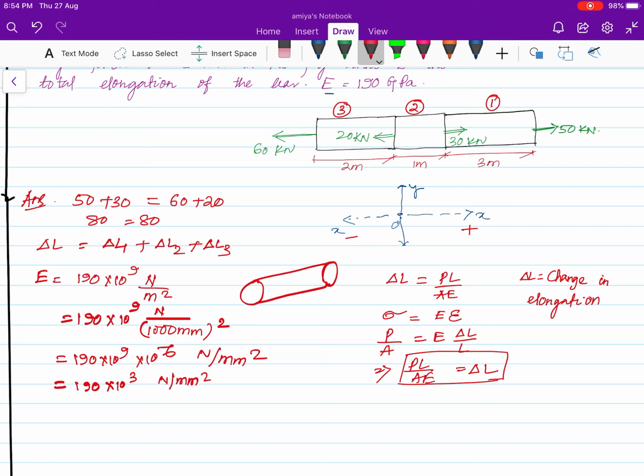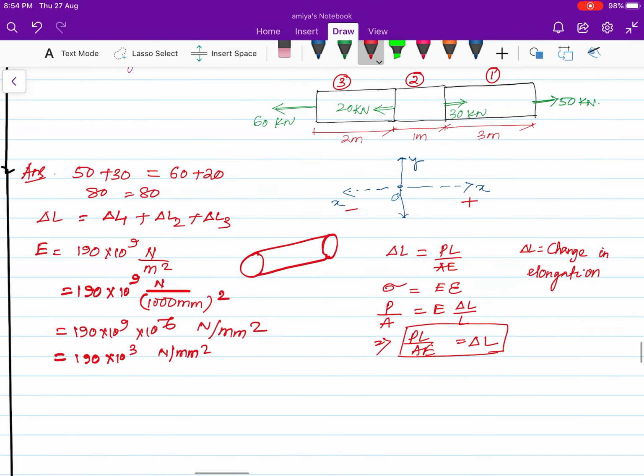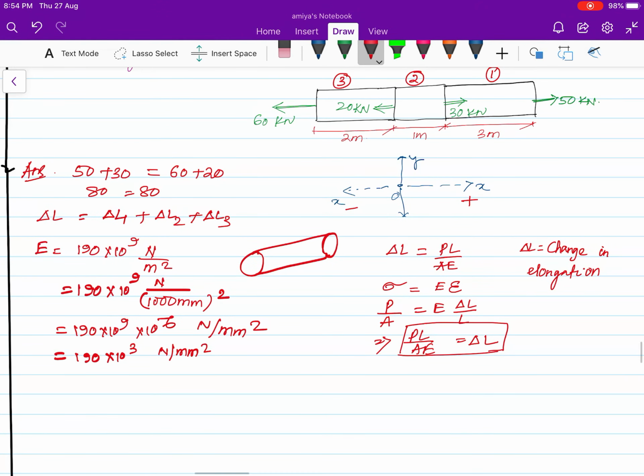So let us start from section 1. I will draw section 1 here. This is my section 1, and its length is given as 3000 millimeter. So how to approach this?